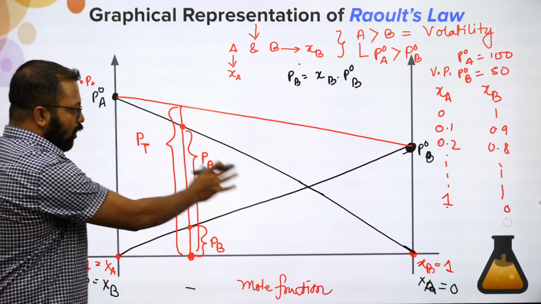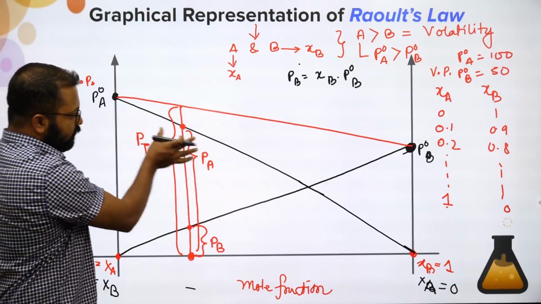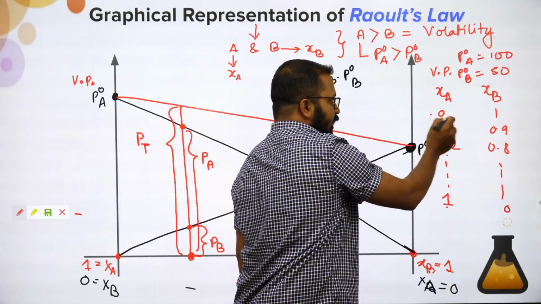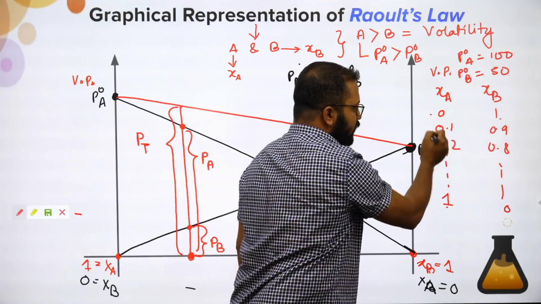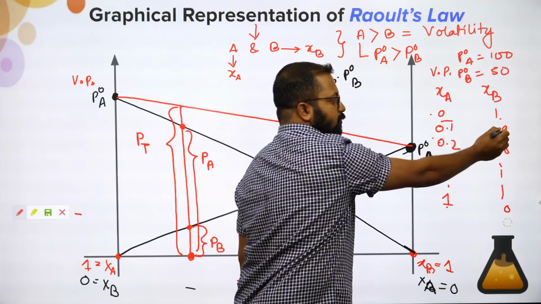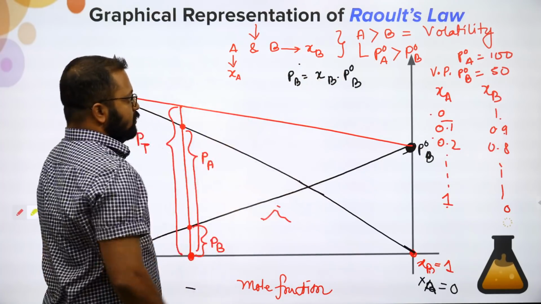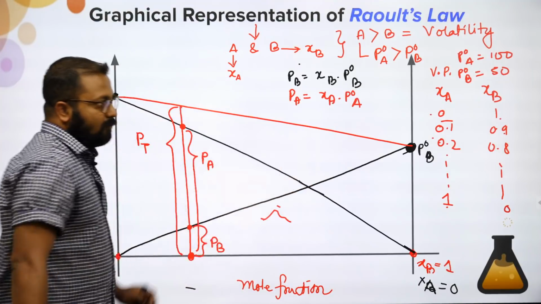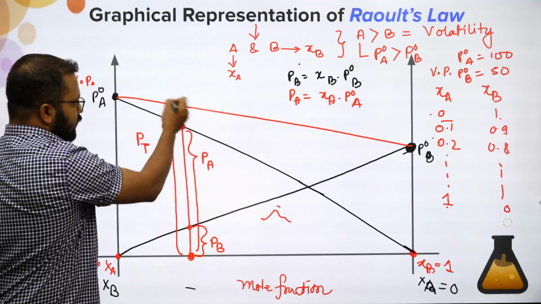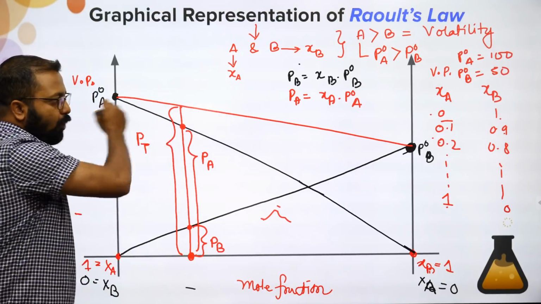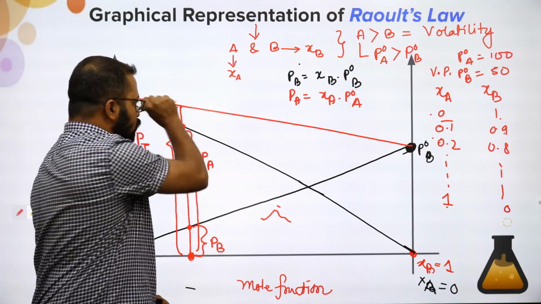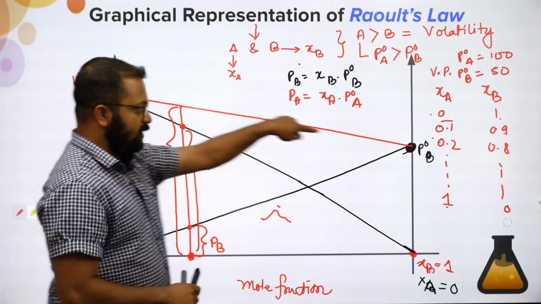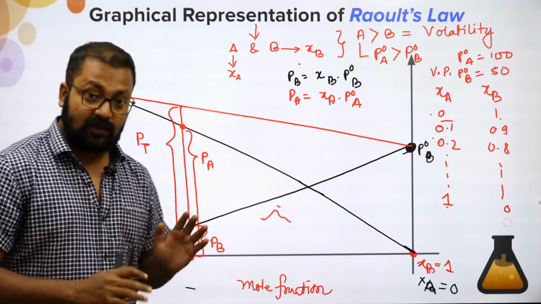Now try to observe what the vapor pressure due to A will be in this scenario, and what the vapor pressure due to B will be, using this equation, because PA will be equal to chi A times P0 A. Once you are done with this, calculate the total pressure and keep plotting the total pressure as points. When you fit a line through these points, you will get this line. So you can do this graphically on your own.